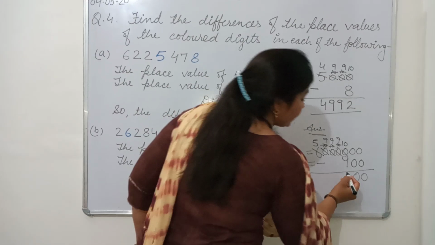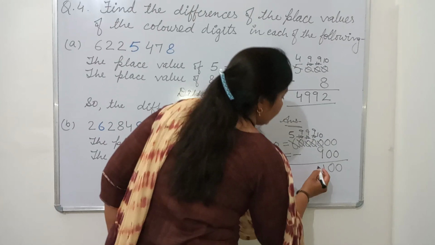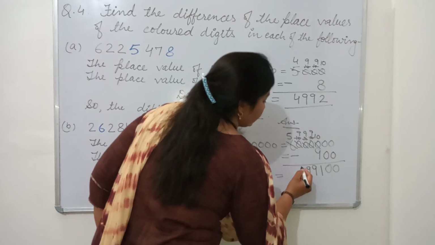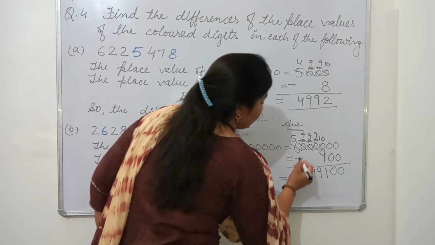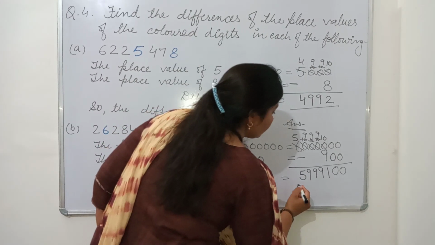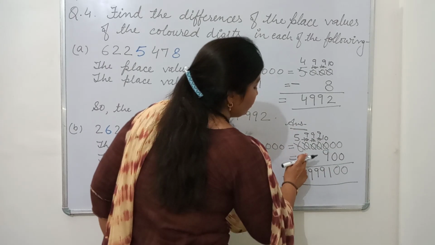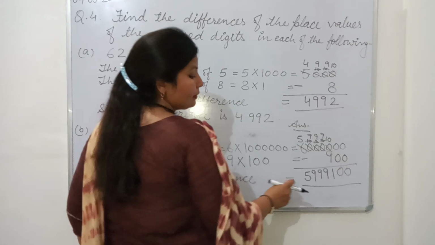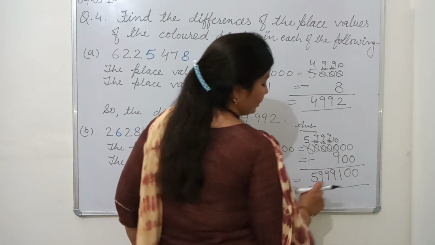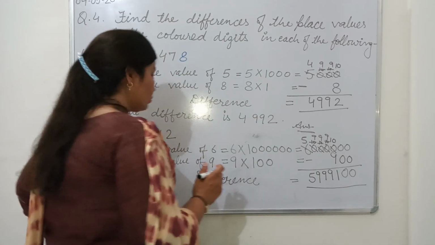Now 10 minus 9 is 1. And there is 9. There is also 9. There is also 9. And there is 5. Okay. So this is your difference. So what's your difference? Your difference is 59,99,100.